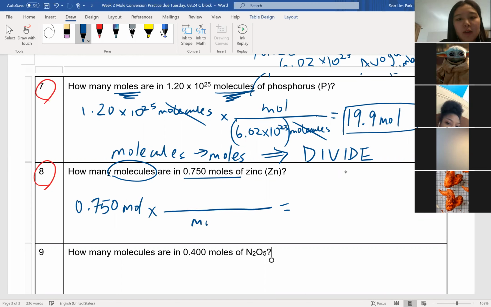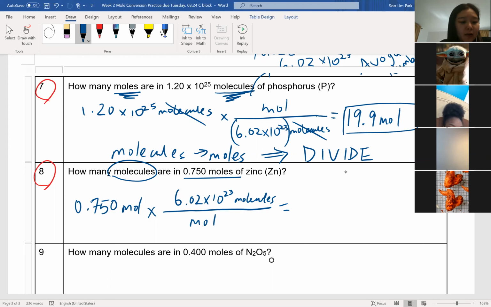We're gonna multiply. All right. So I'm gonna plug this into the calculator. So when we multiply, you don't necessarily have to put everything in parentheses. So I get 4.5 times 10 to the 23 molecules.